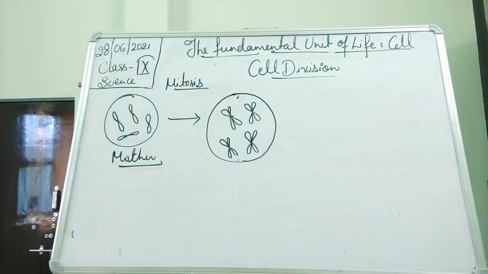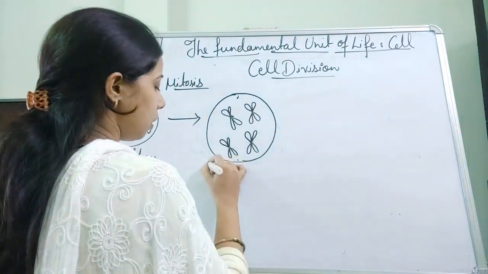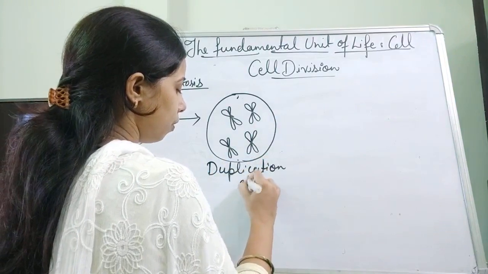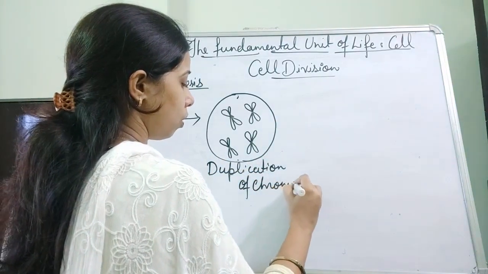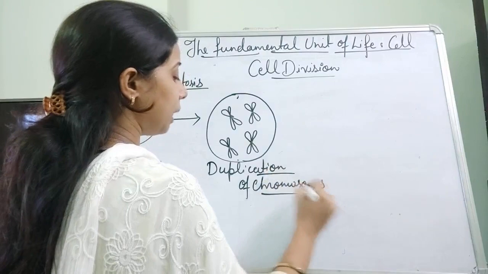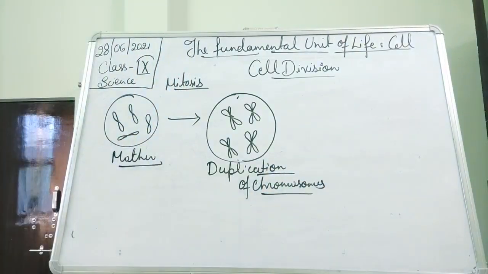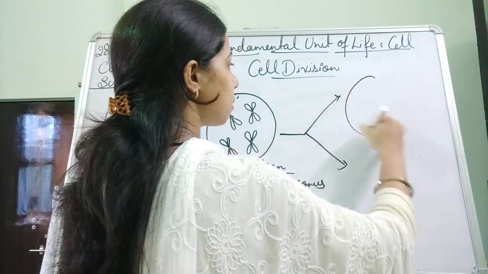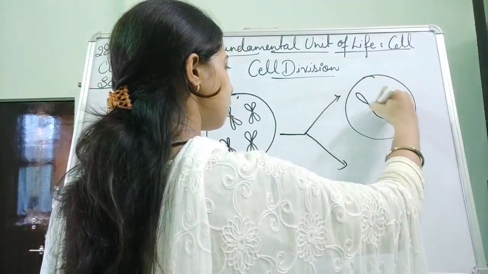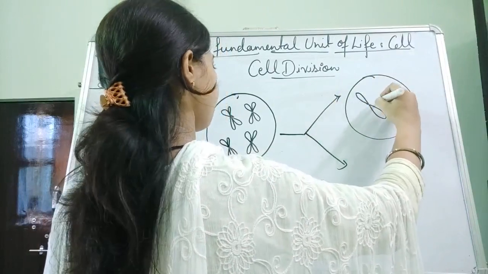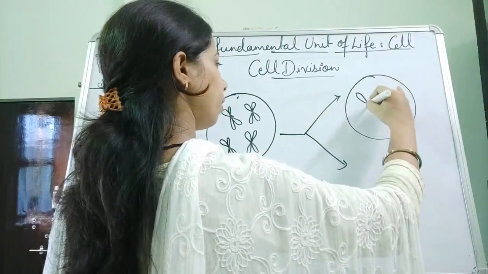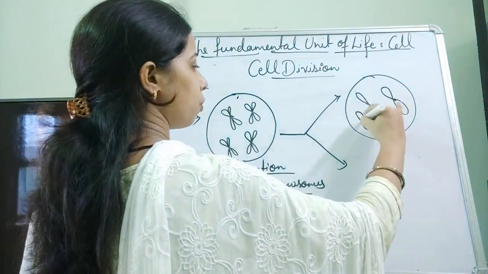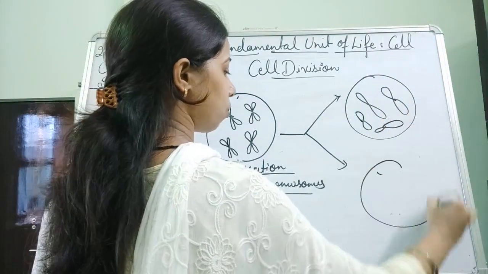Now the duplication of the chromosomes happens, students, and finally it gets divided into two cells. The first one is this one, which again has the same number of chromosomes, and here also the same thing.